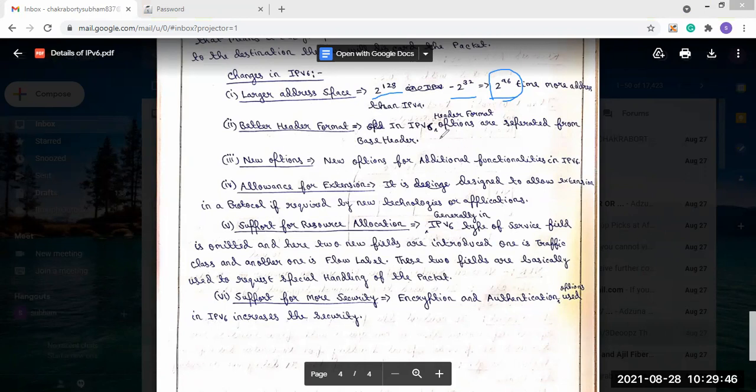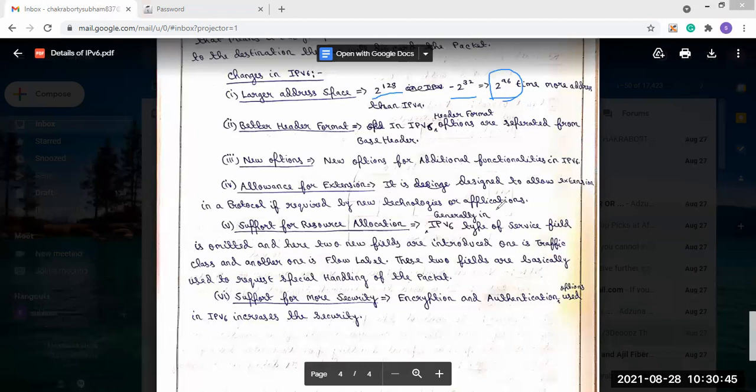There are new options for additional functionalities in IPv6, which are not present in IPv4. And there is allowance for extension: it is designed so that the protocol can be extended if required by new technologies or applications. This IPv6 header format is much better.